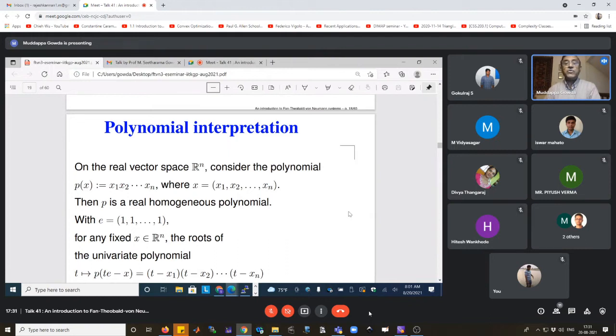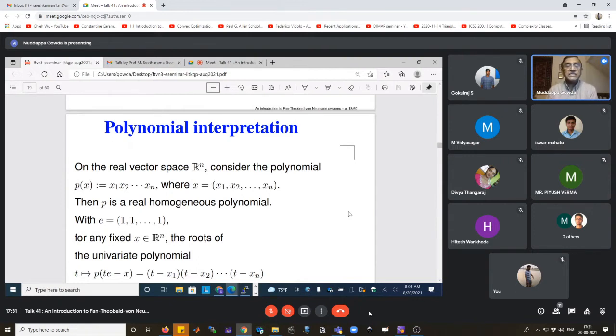Then p is a real homogeneous polynomial. Homogeneous simply means if you replace x by t times x, where t is a number, then that t can be pulled outside of p. It simply becomes a power of t. So p of tx in this particular case is t raised to n times p of x. So p is a real homogeneous polynomial.